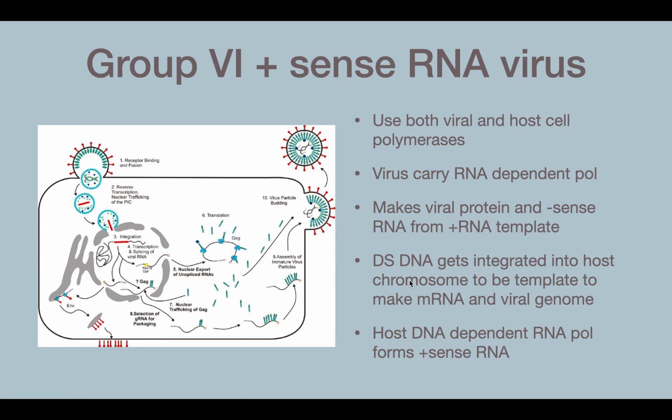And then the double-stranded DNA is going to be integrated into the host chromosome in order to be a template to make the mRNA and the viral genome. The host DNA-dependent RNA polymerase is going to form the positive sense RNA for the virus. So this one doesn't really need to make a negative sense template.